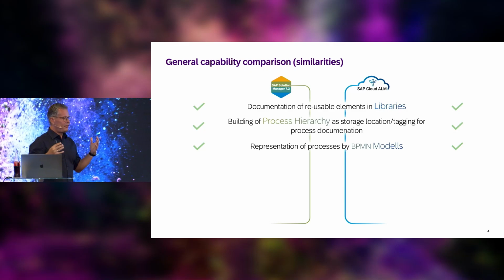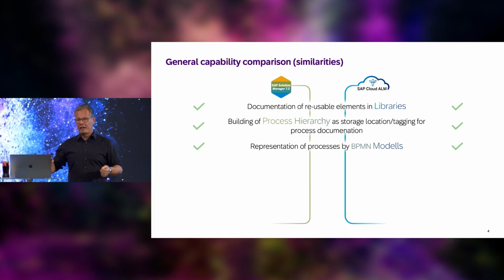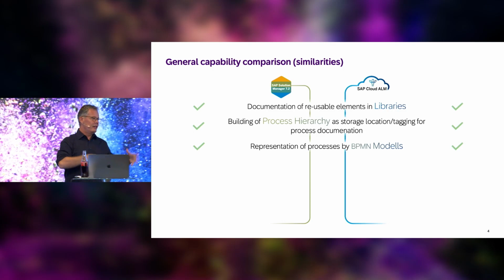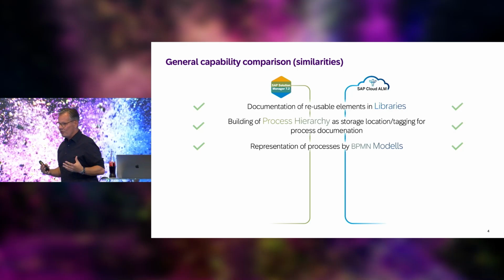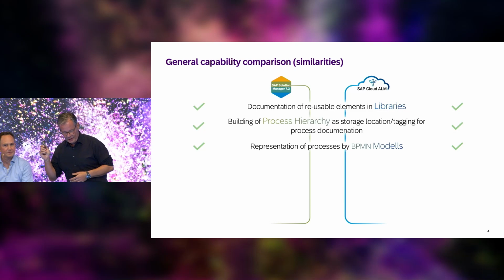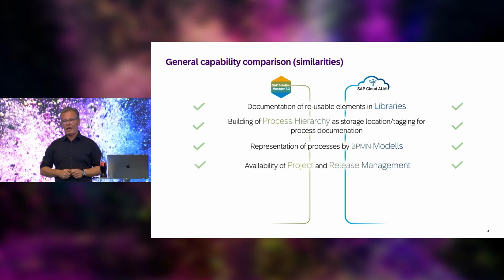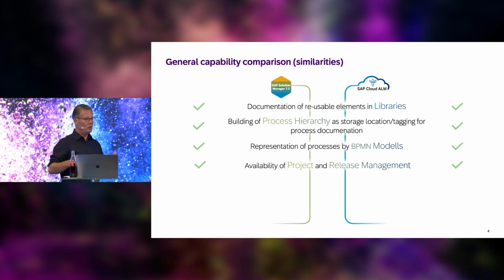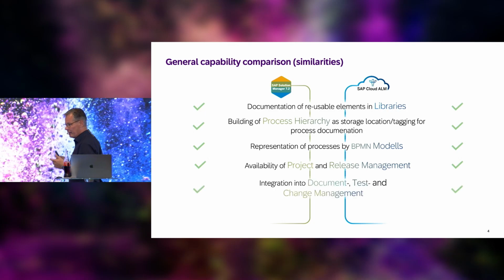This is available in both tools in an equal way. Here we are talking about solution processes; in Solution Manager, we are talking about business processes, but in the end it's almost the same. In both tools, we have the ability of project and release management. All this can be used in an integrated way in both tools.